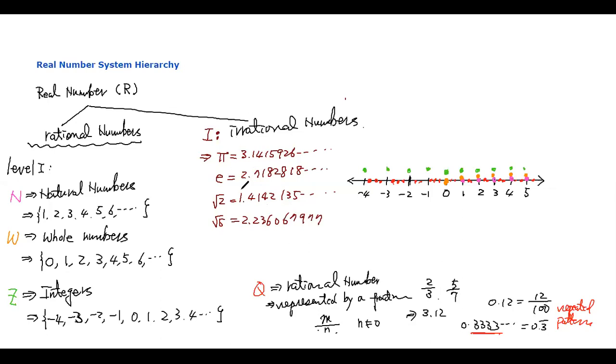Those are what we call irrational numbers. There's no pattern. Even though you have a decimal, this decimal does not repeat, right?